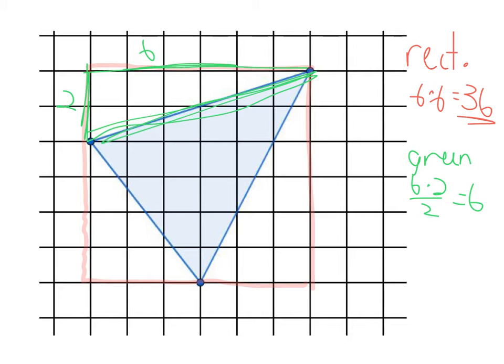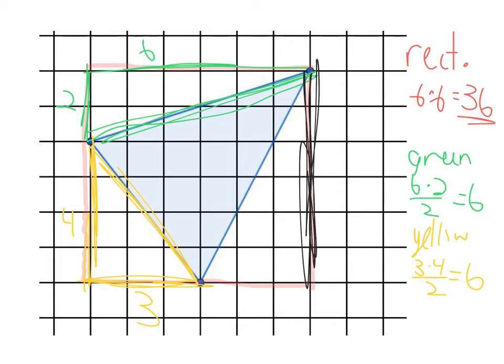And then let's do a yellow triangle. So this yellow triangle is 3 by 1, 2, 3, 4. Yellow, 3 by 4. So that's also 6. And then last but certainly not least is this triangle, which is 6 by 3.